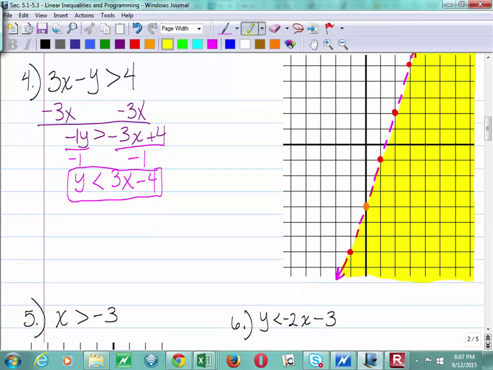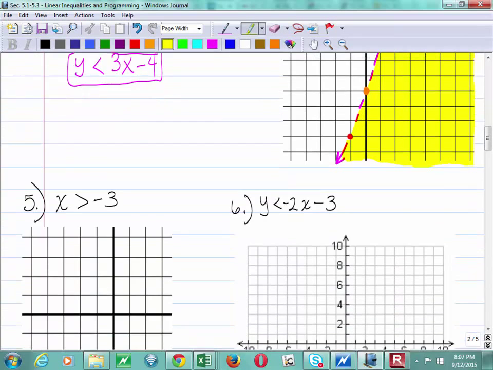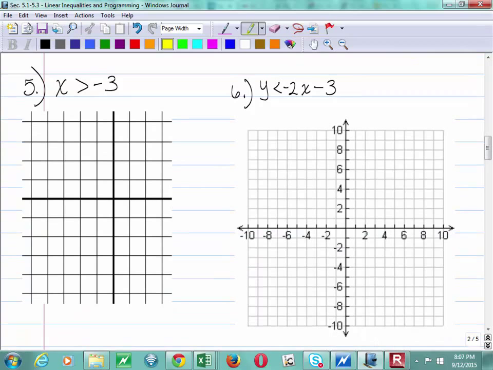Alright, still unbounded feasible region. Alright, number 5, x is greater than negative 3, so that's going to be a vertical line, and since it is strictly greater than, it's going to be a dashed line.